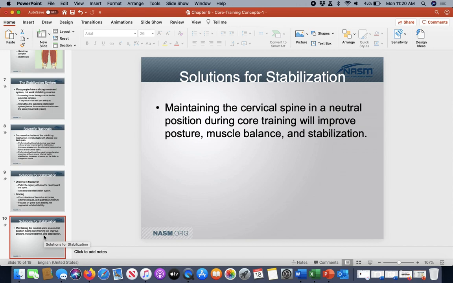Now what we talk about is a neutral cervical spine, and your eyes fixate on something out in front of you, versus what it used to be, which was putting your neck up. In a deadlift, when you're coming off the ground, even for a heavy or not so heavy deadlift, our neck is always staying neutral and going with the motion of our body. That's how we help make sure we have optimal posture, and that creates better tension within the muscles being called upon, which is what we want to pull correctly.